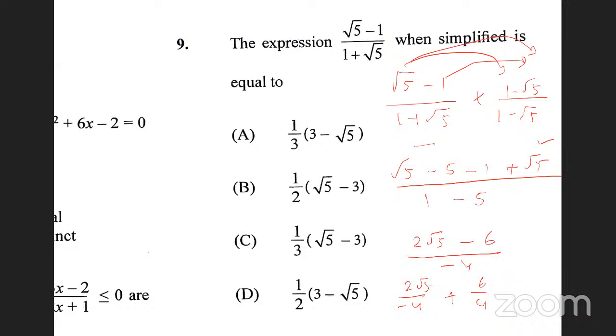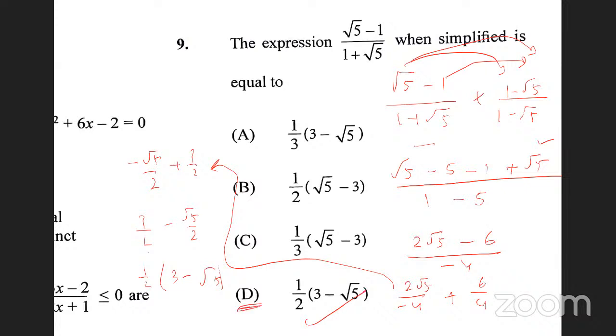So what does that simplify to? That will be minus root 5 on 2 plus 3 on 2. You can switch them around and then factor out the half, so you'll get it in the form that they want. A half by 3 minus root 5.